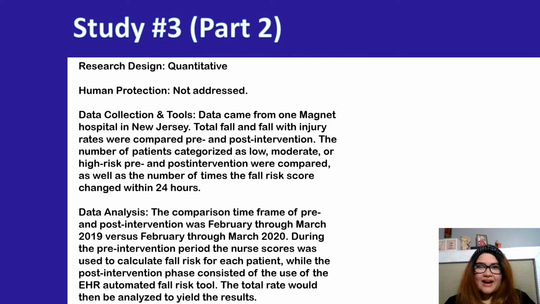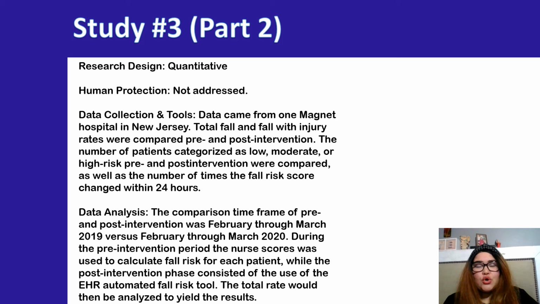This research design is quantitative, and human protection was not addressed in the study. All of this data came from a Magnet level 1 hospital in New Jersey. It was done pre-COVID, pre-pandemic.